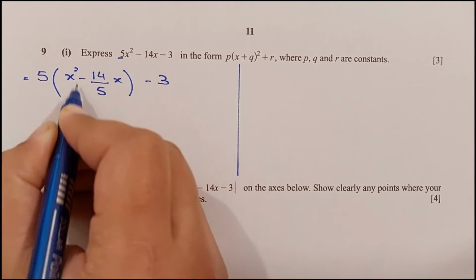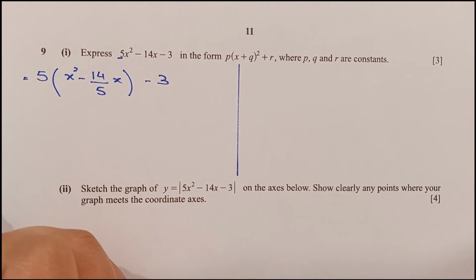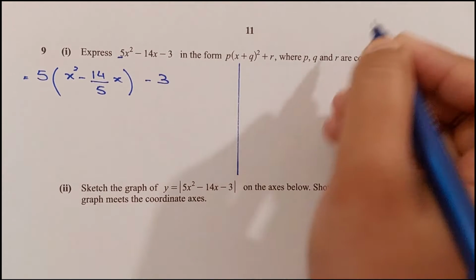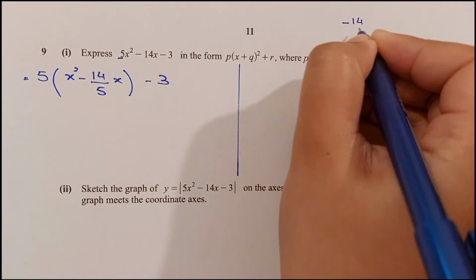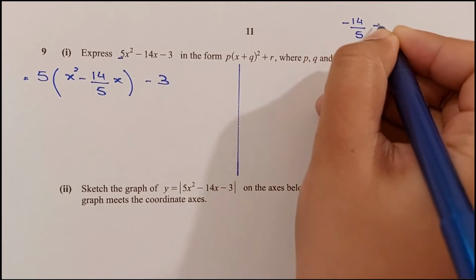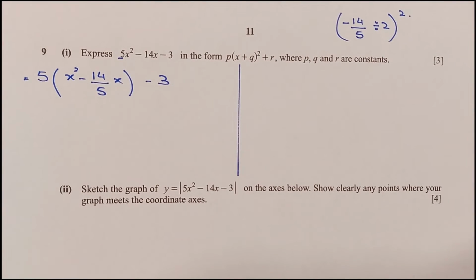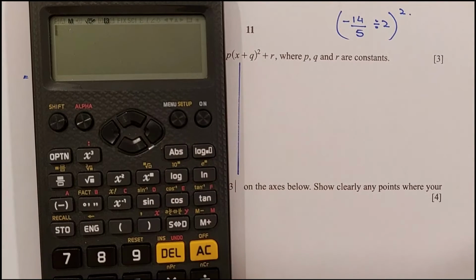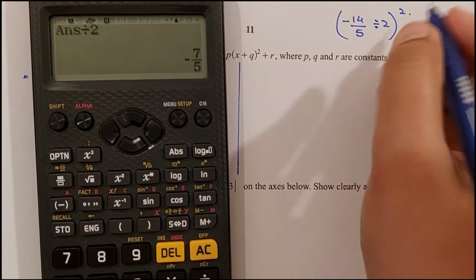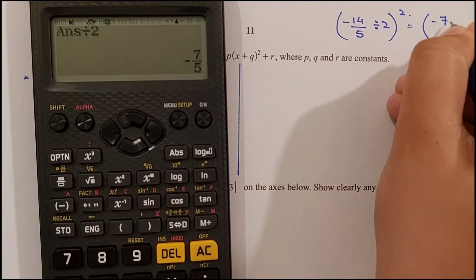Now in the next step, we have to take the coefficient of x and divide it by 2. So the coefficient of x is minus 14 by 5, divided by 2, and take its whole square, right? So what is negative 14 by 5 divided by 2? That is equal to negative 7 by 5.